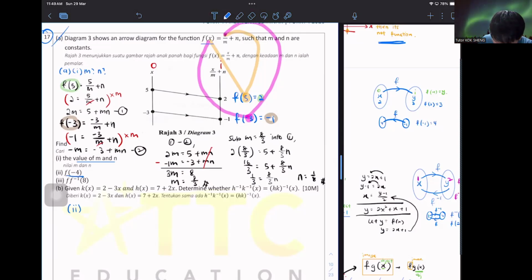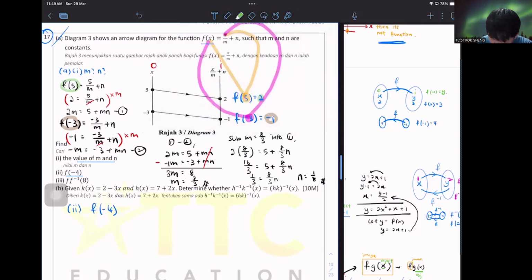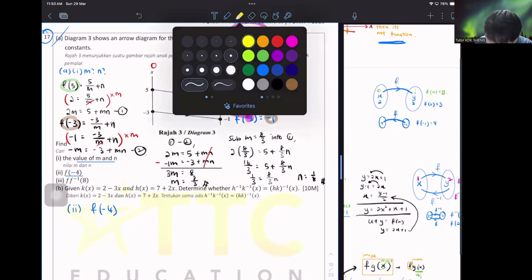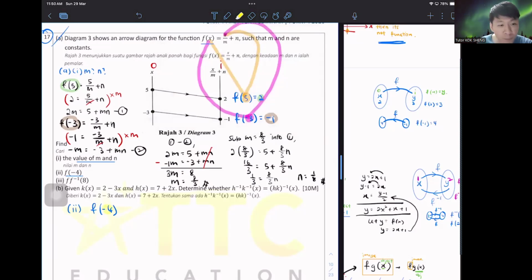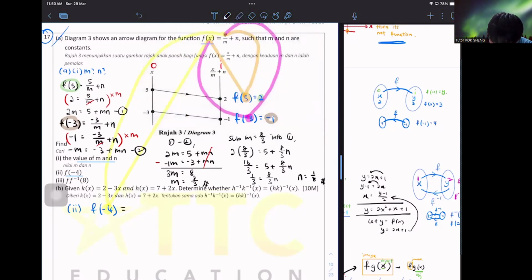F of negative 4. This one is nothing, just substitution. I use a different color. Negative 4 is the object again, substitute in here: negative 4 over m plus n.